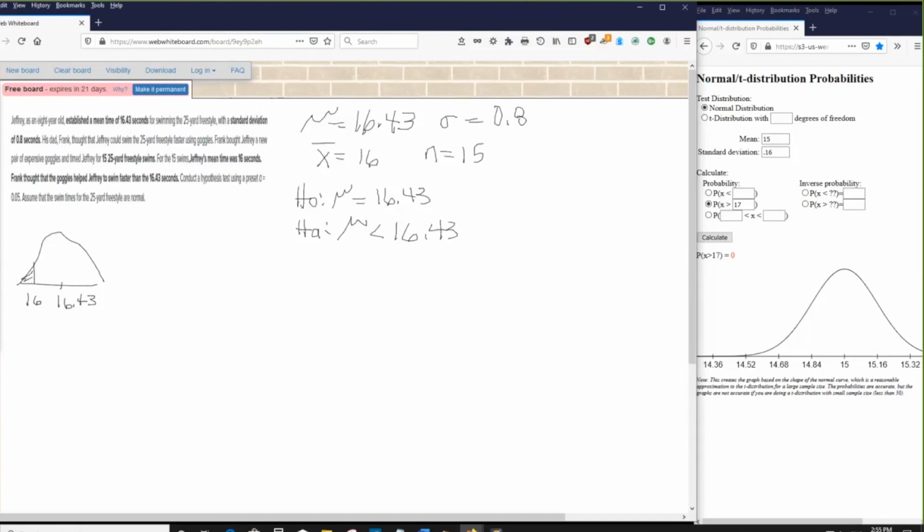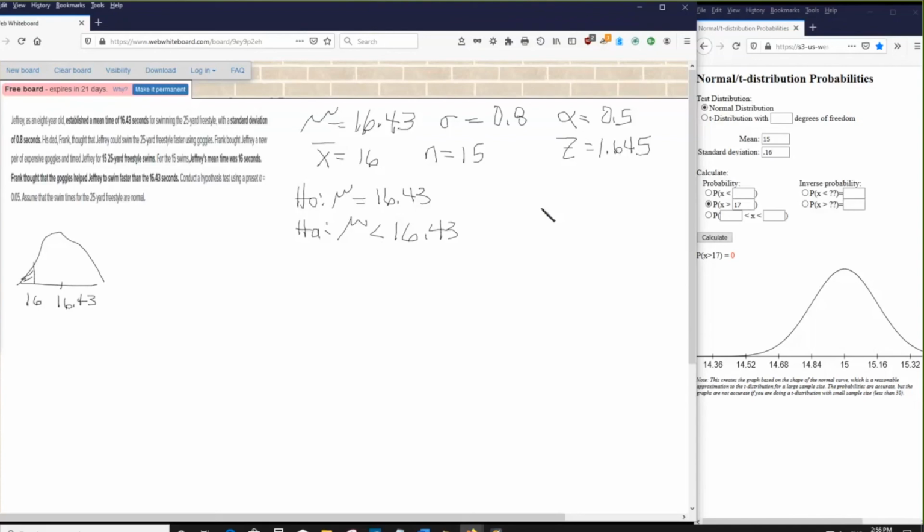So that tells us it's going to be a left-tailed test. We're going to have a significance level of 0.05, which means that's going to give us a z-score of 1.645 from what we've done before.